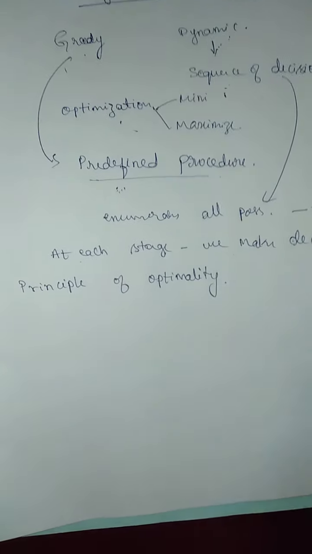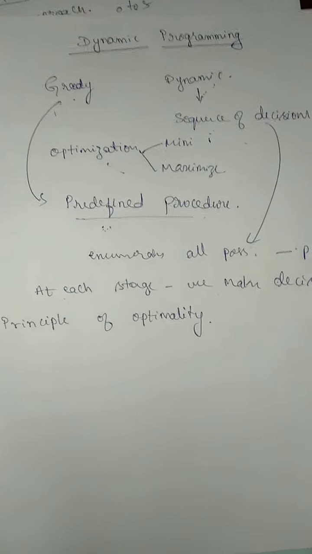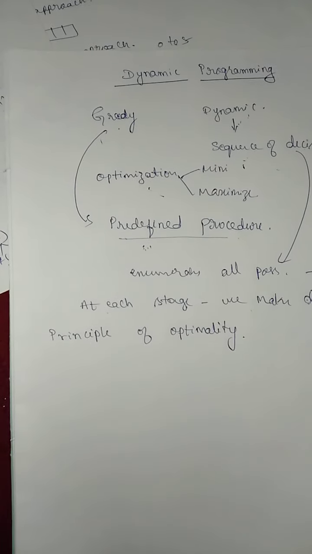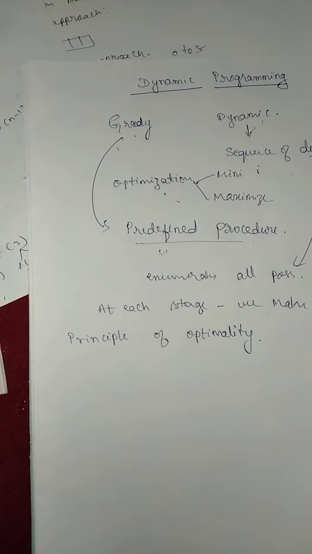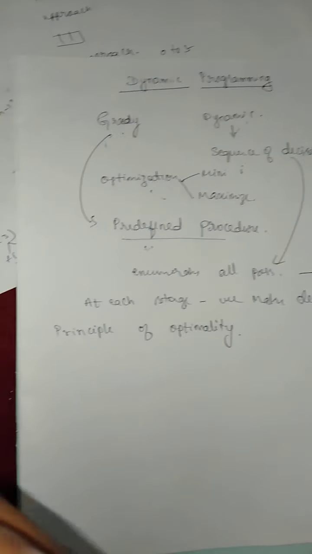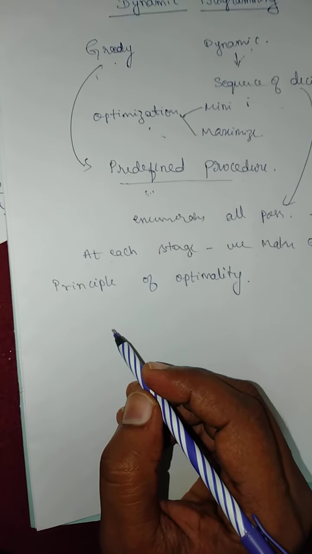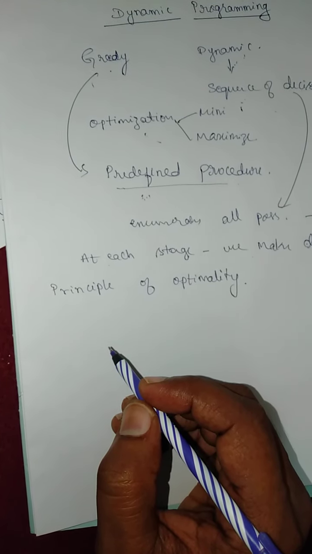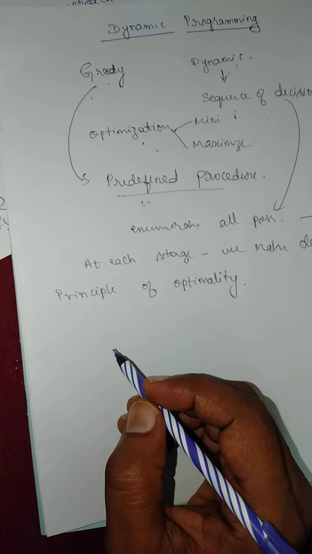What this principle says is that an optimal sequence of decisions has the property that whatever the initial state and decisions are, the remaining decisions must constitute an optimal decision sequence with regard to the state resulting from the first decision. I repeat the principle of optimality.